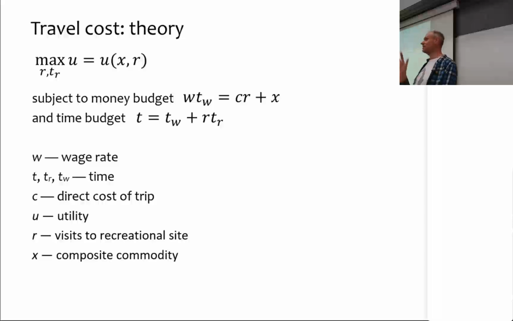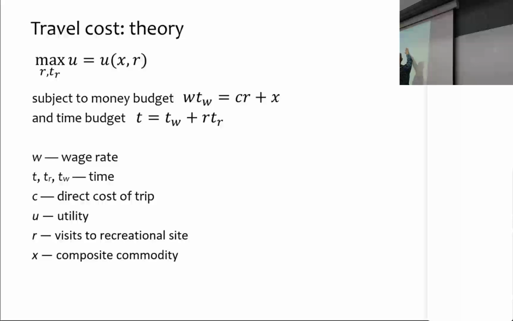So first we need to establish that we can actually do this. So let's assume that we have an economic agent who wants to maximize utility, and utility depends on visits to an enjoyable site, let's call it R, and the rest of consumption, let's call it X. We're subject to a money budget, that is the amount of time that we work times the wage that we get, that is our income.